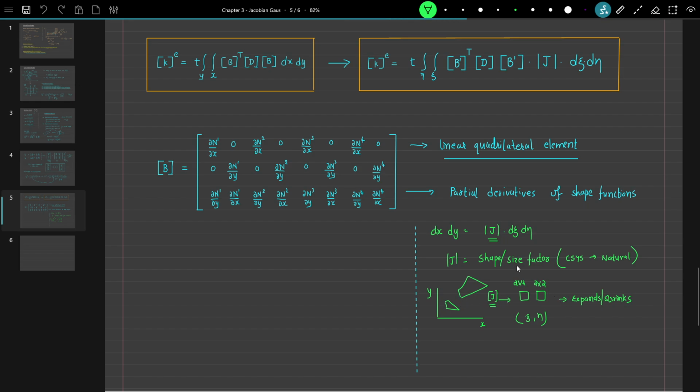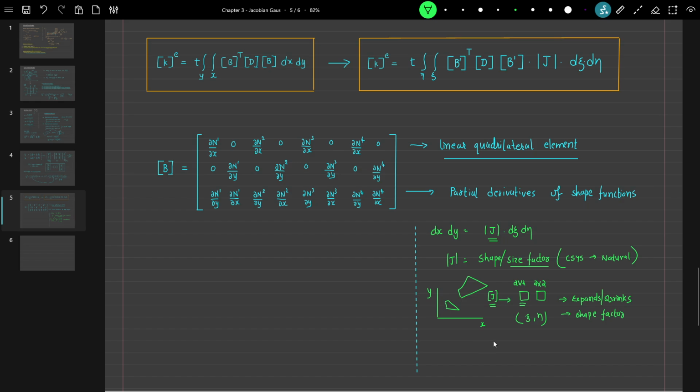So that's what we are saying, it is a size factor, and it is also a shape factor, because whatever skewed element it is, whether it's skewed, a parallelogram or a rectangular element in xy space, they all become square elements. So it also shows how much the distorted shape is turning into a square shape.